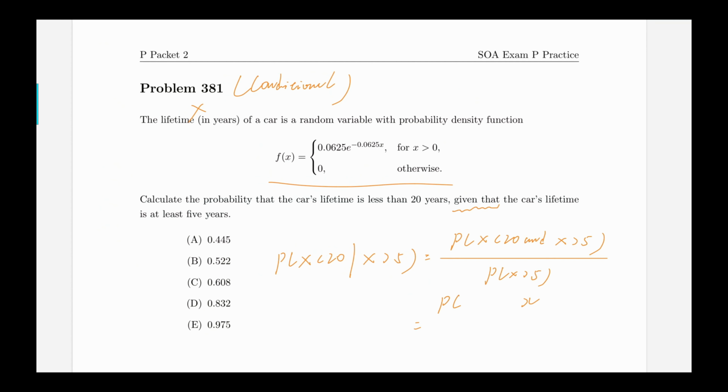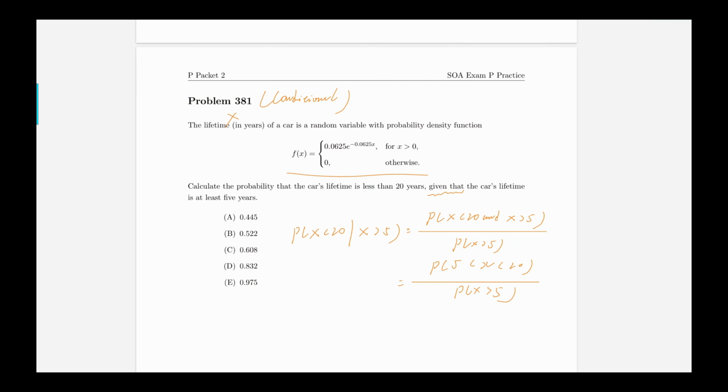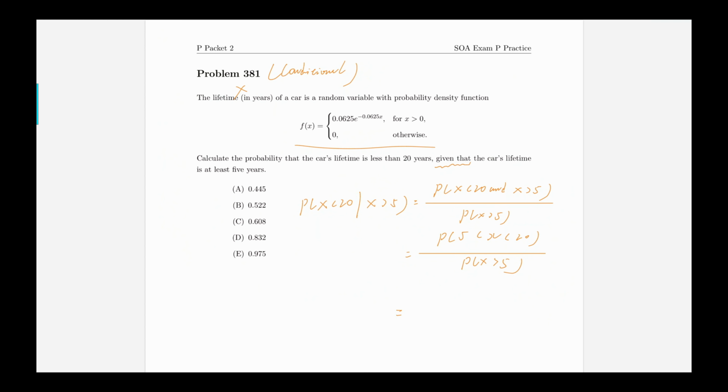So x is greater than 5 and less than 20. This is what the "and" here means. It has to satisfy both inequalities. Sorry about my horrible writing.